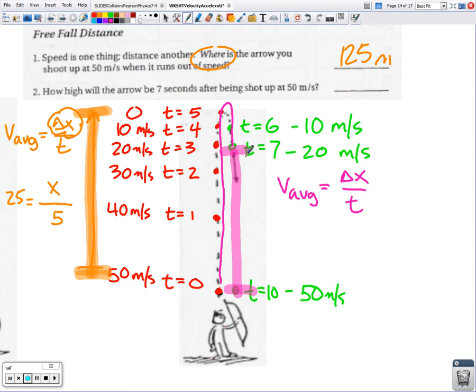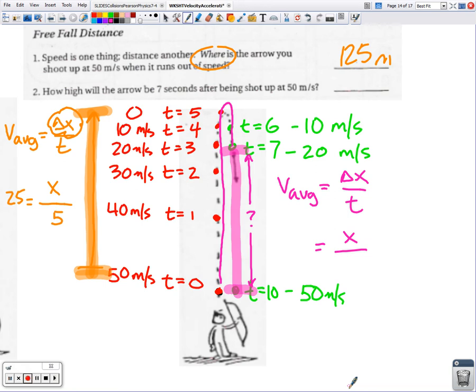So this highlighted section, what we're trying to find, right? That's the displacement of the arrow, because that's how far away we are from where we started. Okay? We're still trying to find the displacement, so now we have to plug in the other numbers.